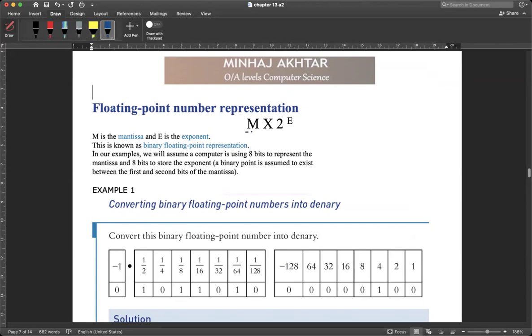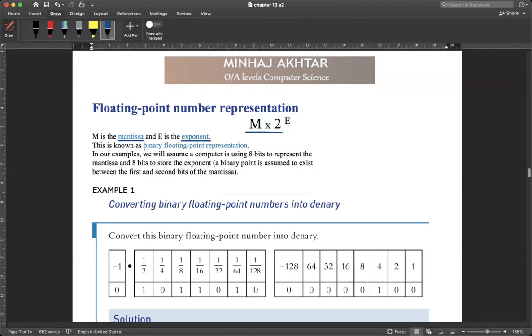The formula is m into 2 power e, where e is the exponent. What is the meaning of m? M is the mantissa and e is the exponent. So we have two things in this formula in order to calculate floating point.